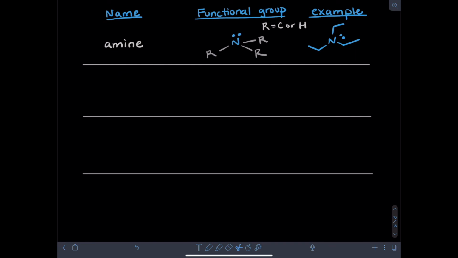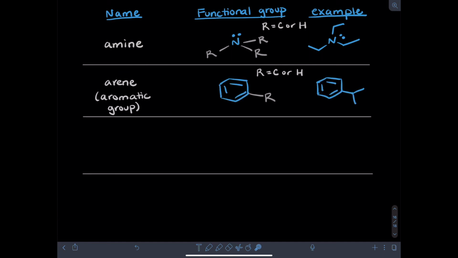An amine is a nitrogen with a lone pair and 3 bonds to different R groups, where R here could be a carbon or a hydrogen. An arene, sometimes known as an aromatic group, is a 6-membered ring of carbons where you have alternating single and double bonds in the ring.